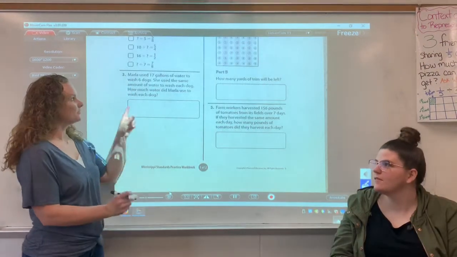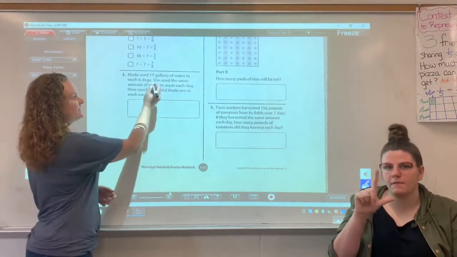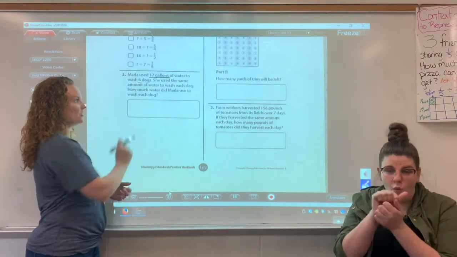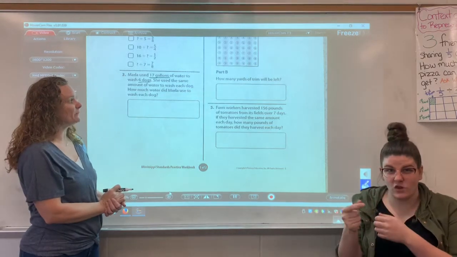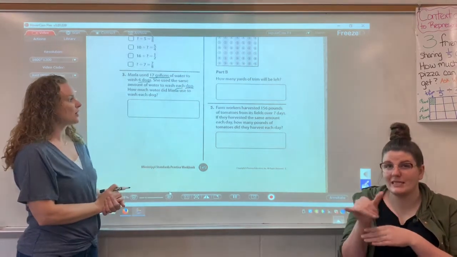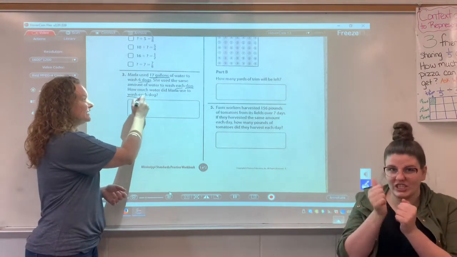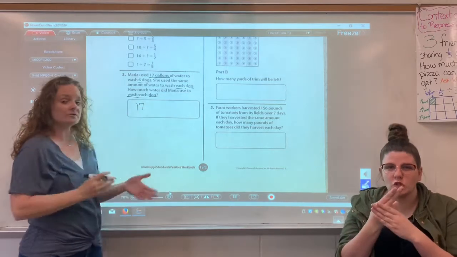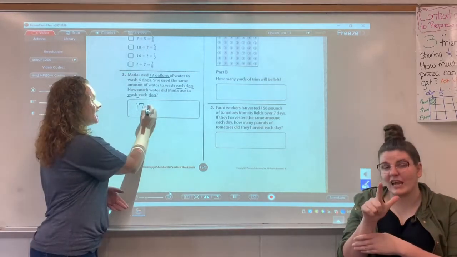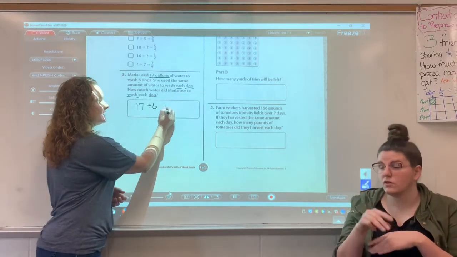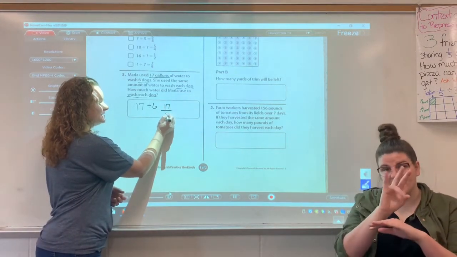Okay. Number 3, Marla used 17 gallons of water to wash 6 dogs. She used the same amount of water to wash each dog. How much water did she use to wash each dog? So we're going to take our 17 gallons, which was her total amount of water used, and divide it out by 6 dogs. So once again, we take 17 divided by 6.